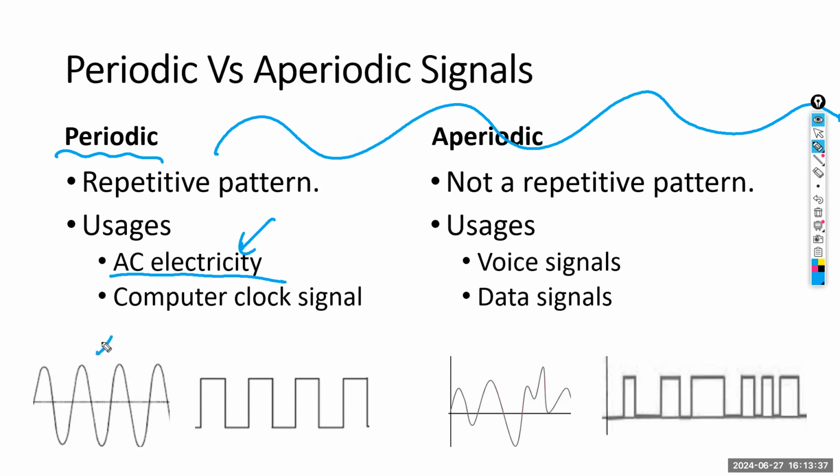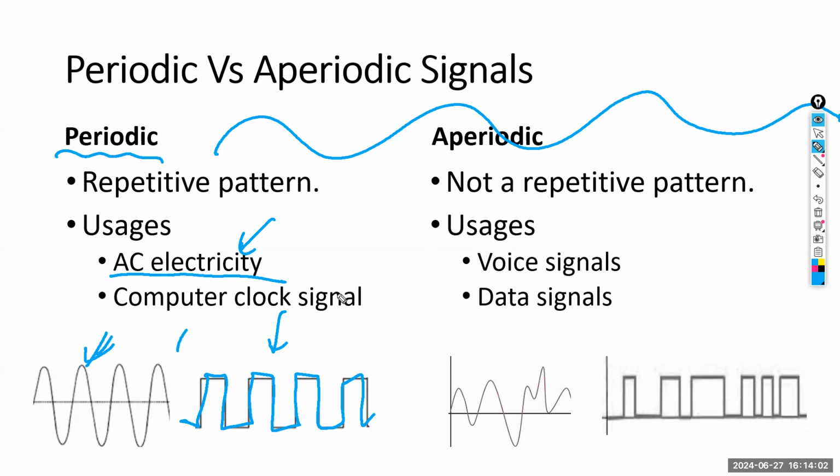Similarly, in your computer processor you have something called the processor clock. The clock generates this kind of periodic binary digital signal, like your heartbeat. Those are called periodic signals.